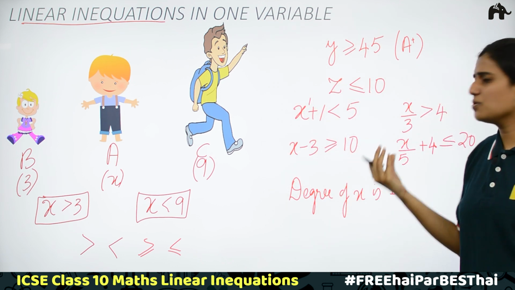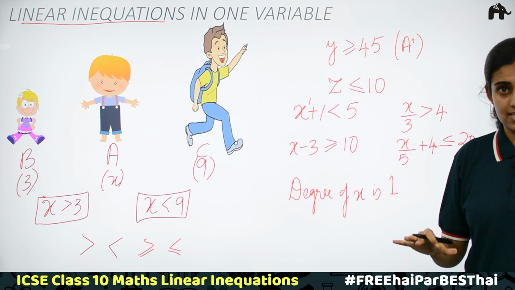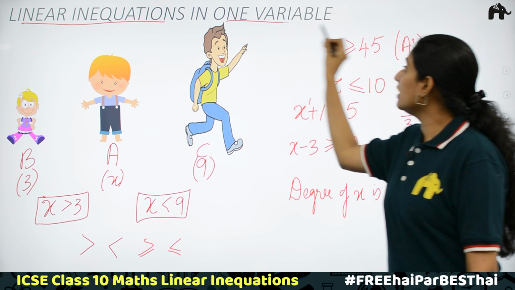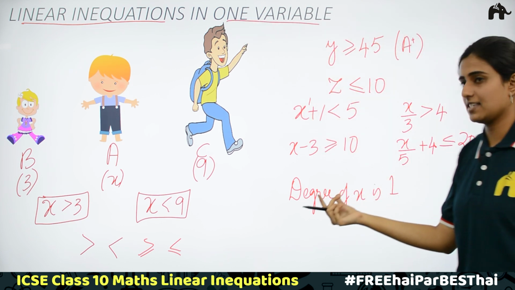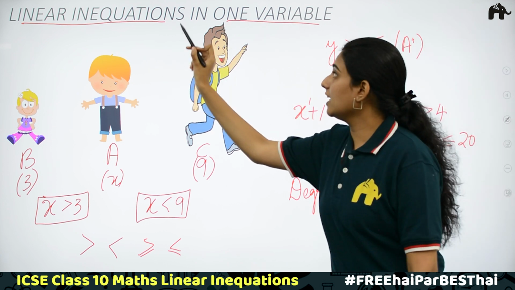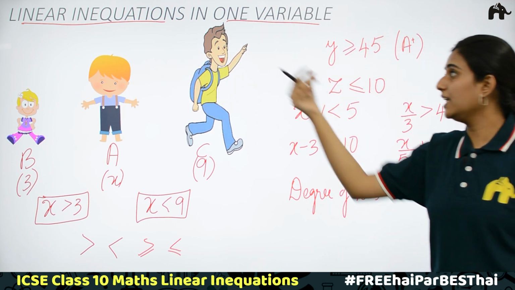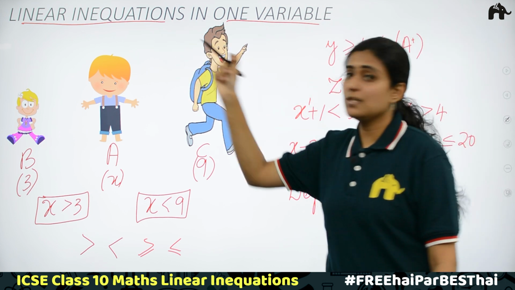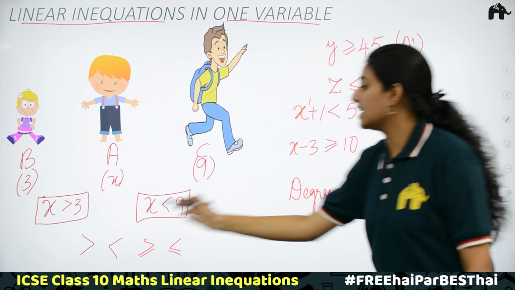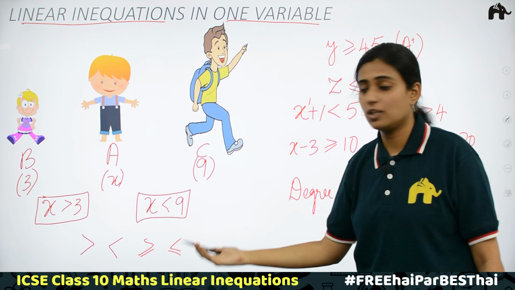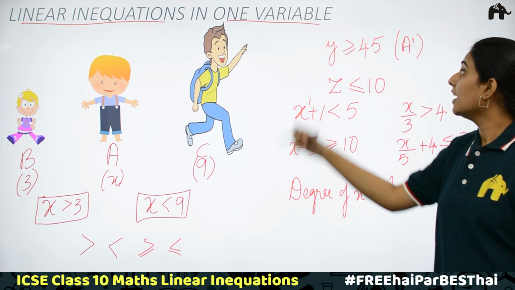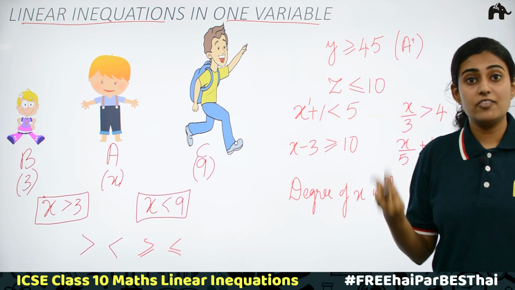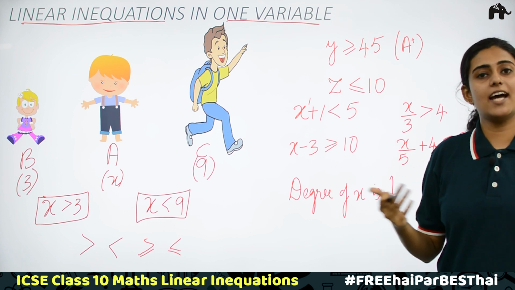Here we are just using a single variable, that is x. The only variable used is x. Clear? Linear inequations in one variable. Linear means the degree is 1. Inequations means inequalities are used, that is less than, greater than, less than or equal to, greater than or equal to. In one variable, we are using only a single variable, that is x.